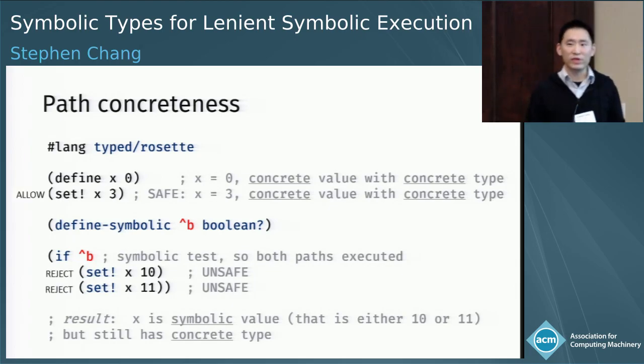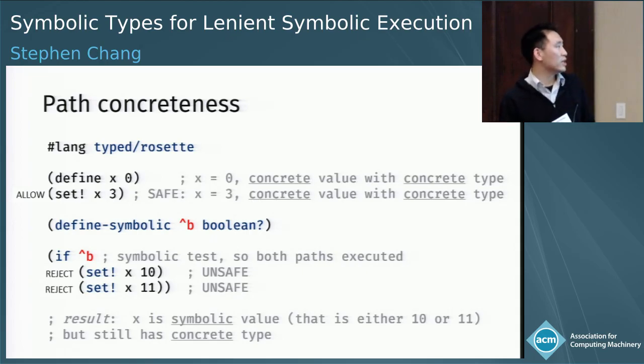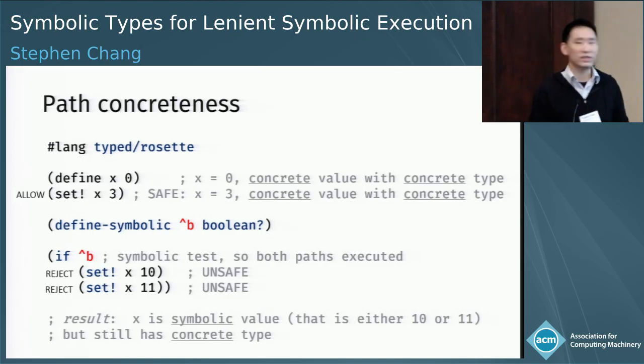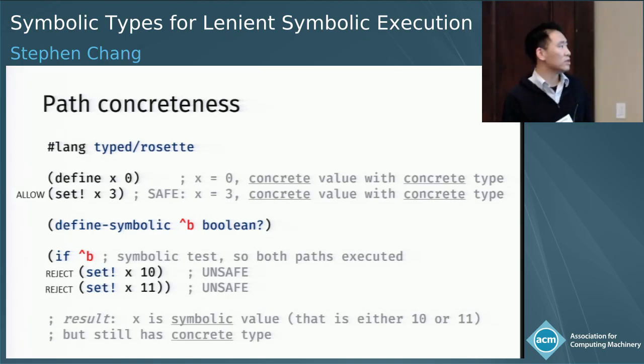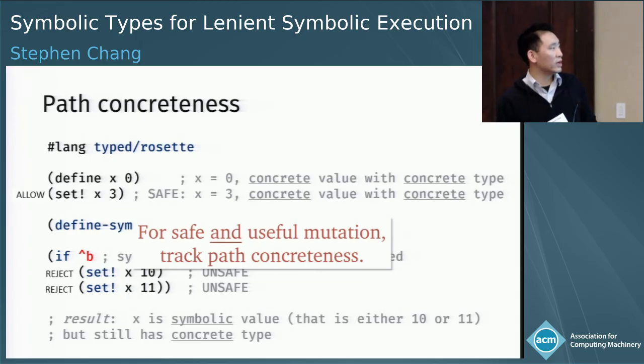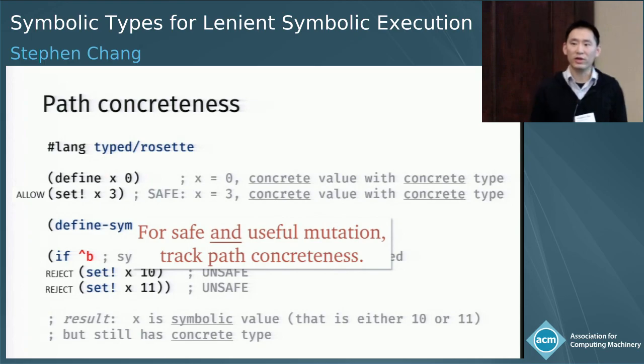But we can't just reject mutation of concrete values, because there are some cases that we want to support. So again, in order to make our type system more useful for the programs that we want to write, the type system tracks the concreteness of the path.